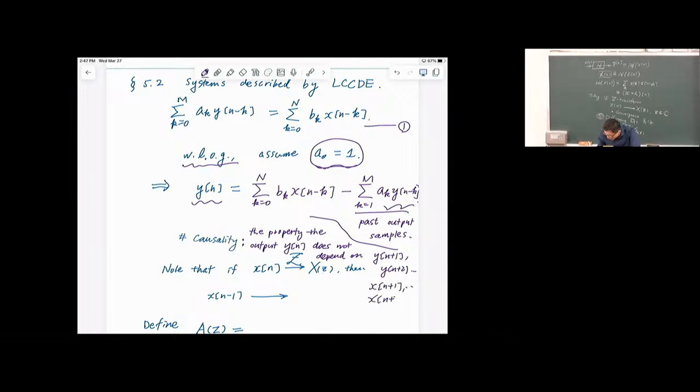The output depends on what happens currently and what has happened in the past. This is called causality, 因果性. There's a cause, there's an effect. The effect is caused by something that happened in the past, or presently. Causality.